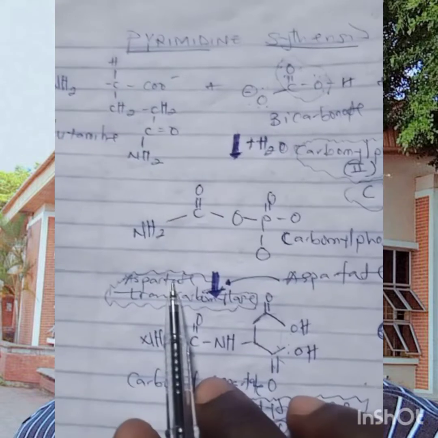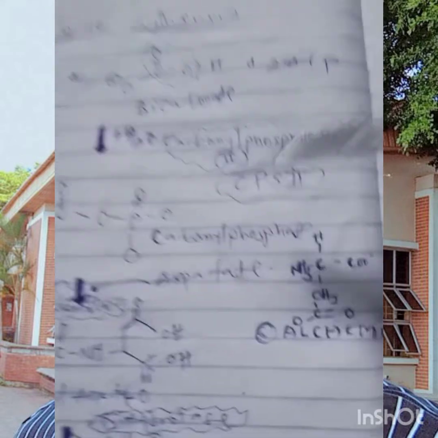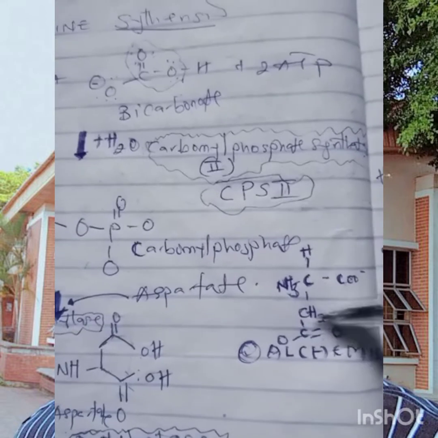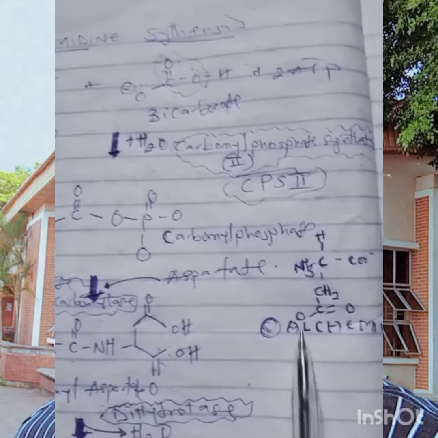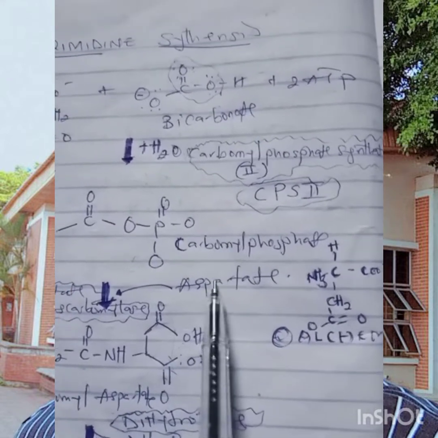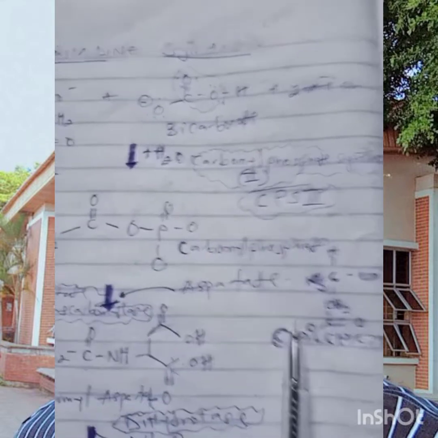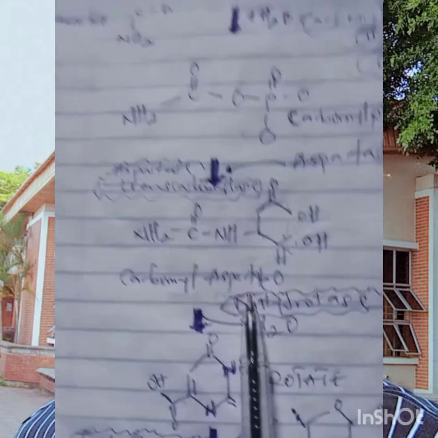What does this enzyme imply? It implies that we are adding an aspartate to what? Our carbonyl phosphate. And the moment we add this, we have to remove our phosphate so we can have our carbonyl and our aspartate together, and our end product is the carbonyl aspartate.